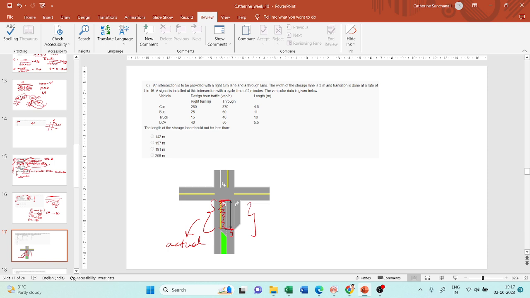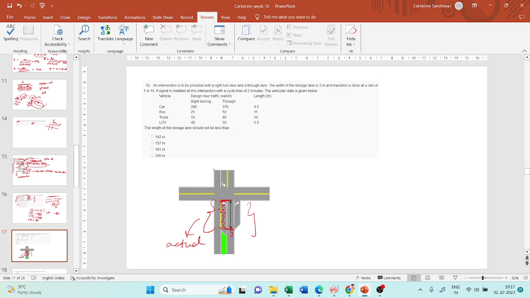Okay, so this is a storage lane, and I told you, when there is right turning traffic, if you provide a lane exclusively for right turning vehicles, then the efficiency of the intersection can be improved a lot. Since in our place we provide a free left turn, or left turn doesn't cause any conflict, we have this keep left criteria.